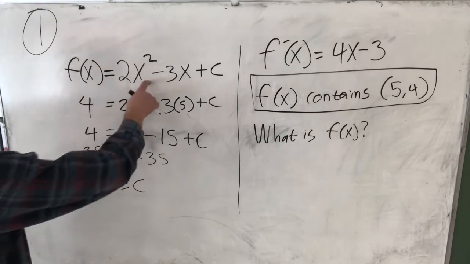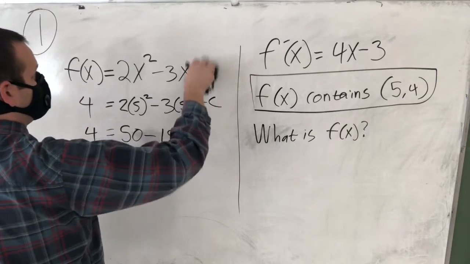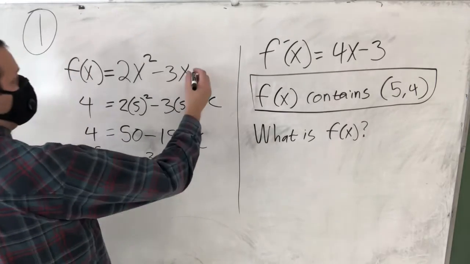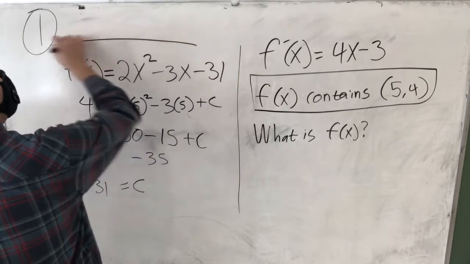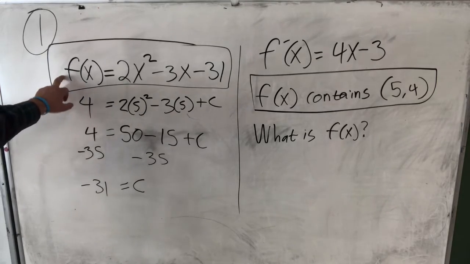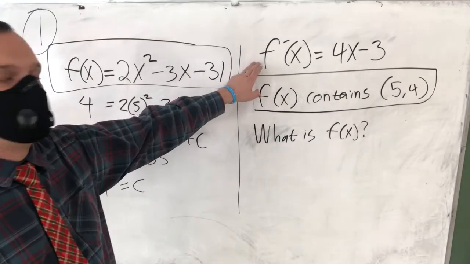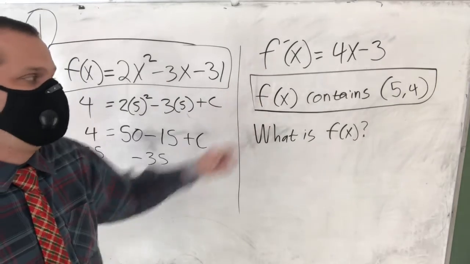So the original equation here would have to be 2x squared minus 3x minus 31. That would be the original equation that if you took the derivative would give you this slope, but it's also the only equation that would contain that point.